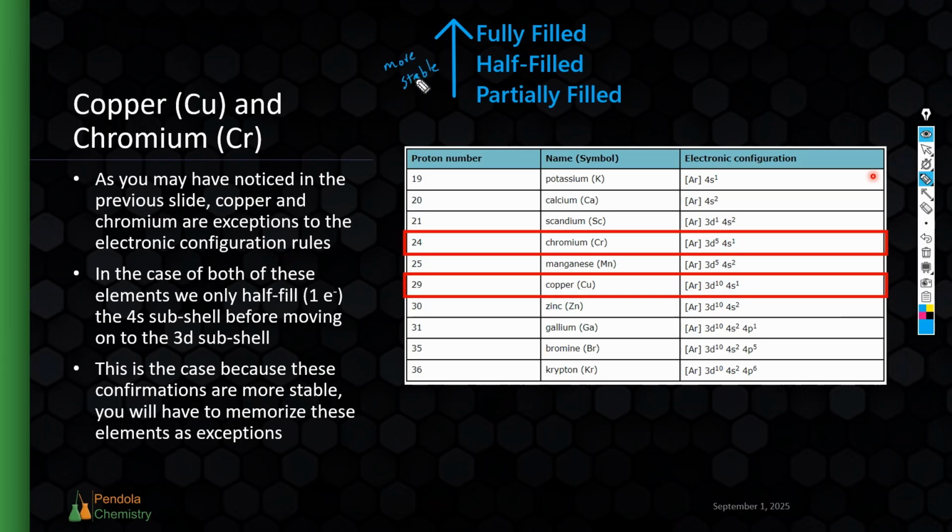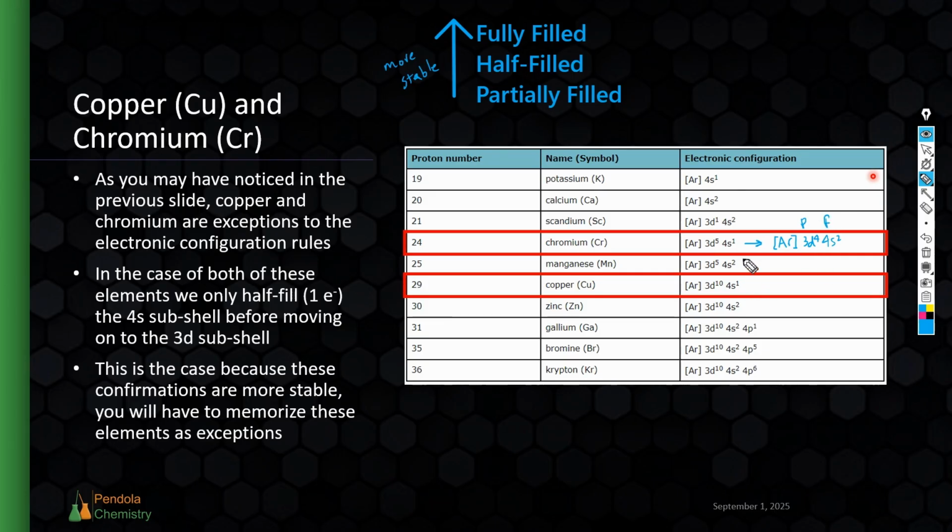For sublevels. So if we look at the electron configurations for, again, chromium and copper, if we were to do them regularly, what we would end up with would be Ar 3d4 4s2. So here we have a partially filled sublevel and a fully filled sublevel.